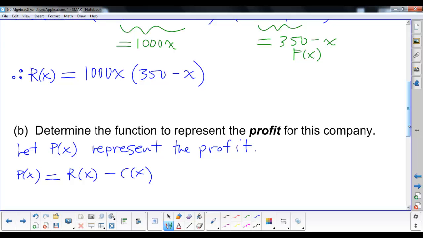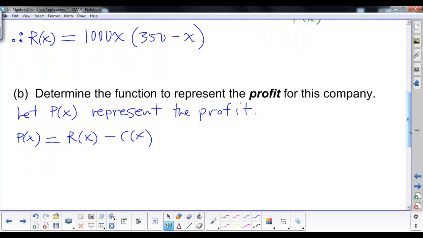So what we would now do is replace R of X with what we had determined that it was going to equal. So that was 1,000 X times 350 minus X. Then I have to subtract from that the function C of X. Now one thing I have to be aware of here, that function was a polynomial function that had 3 terms. Now if I'm subtracting that, it would be wise to picture C of X written within brackets.